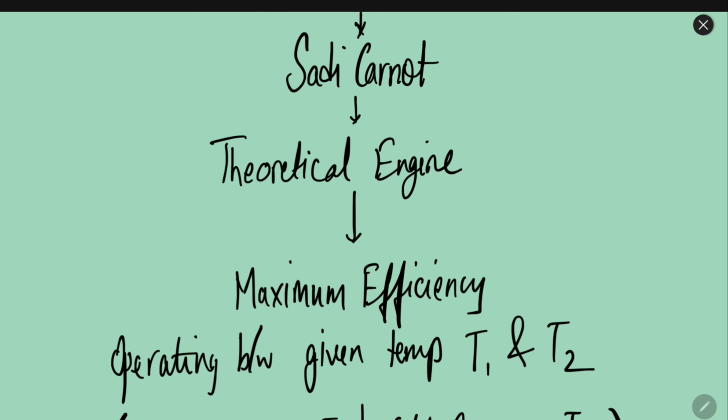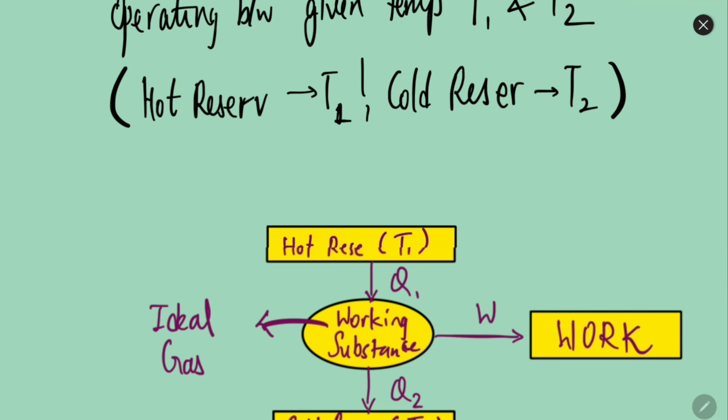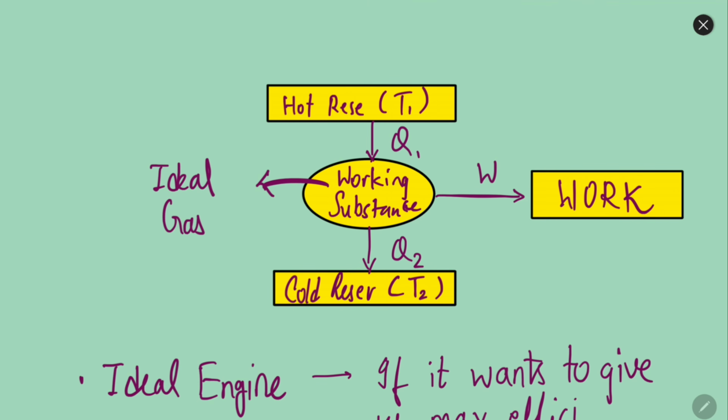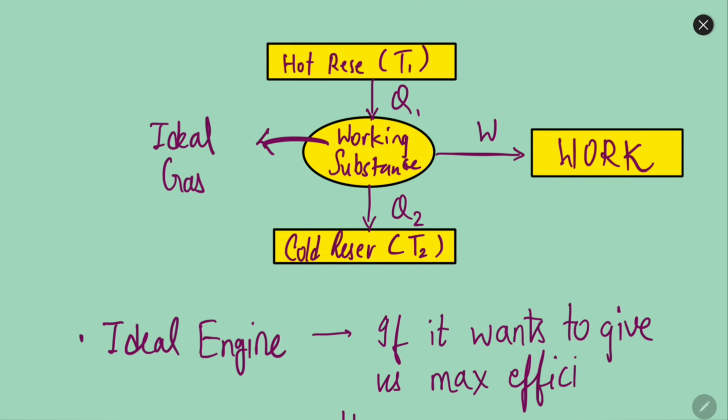So Sadi Carnot was thinking about making an engine which has maximum efficiency. In the Carnot engine we will operate it between any two temperatures T1 and T2, and an ideal gas will be used as the working substance. So it is an ideal engine whose efficiency is maximum.